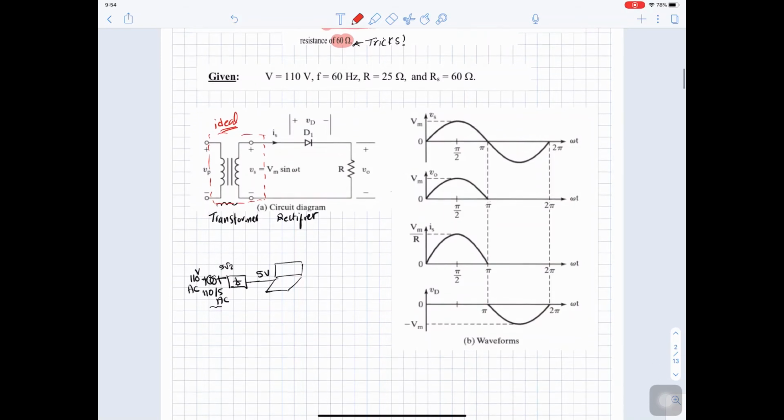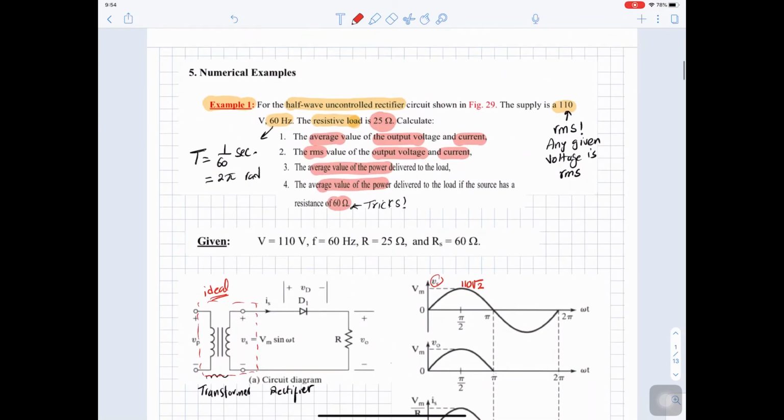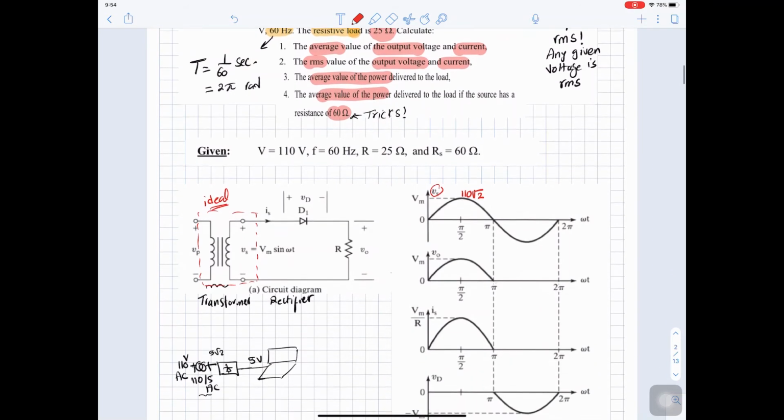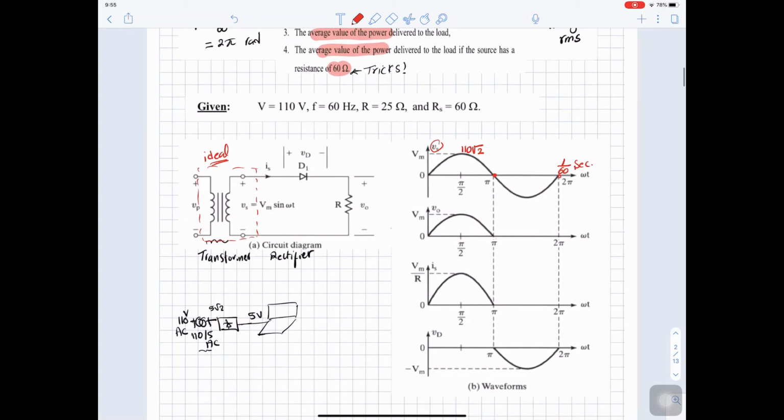Now we did the sketch last time, so we sketched V source. The value here is V maximum, which will be 110 square root 2, because the RMS is 110. This is pi, this is 2 pi, and 2 pi is 1 over 60 seconds. These are the values we are looking for. And the negative value here is negative 110 square root 2.